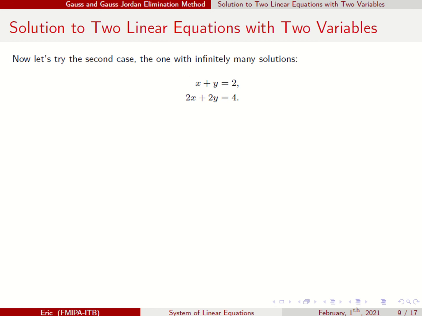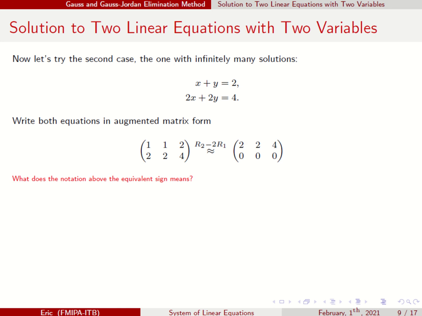Let's look at the second case, x plus y equals 2 and 2x plus 2y equals 4. In the augmented form, I write it down like this, and I have R2 minus 2R1. This is 2 minus 2 times 1, that is 0; 2 minus 2, 0; 4 minus 2 times 2 is 0. So you do not have two equations.